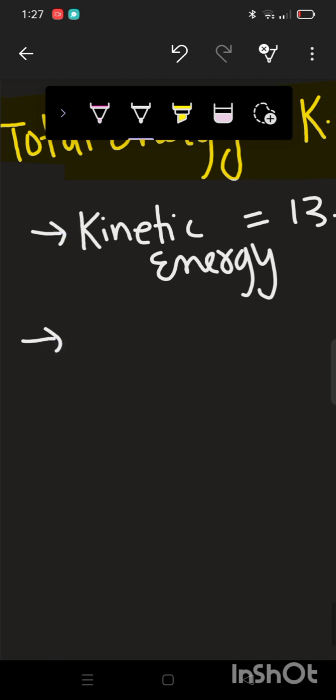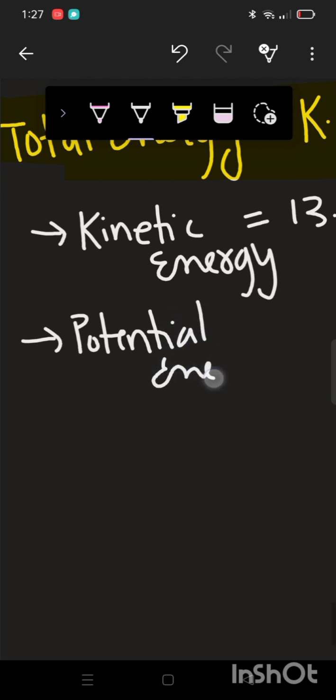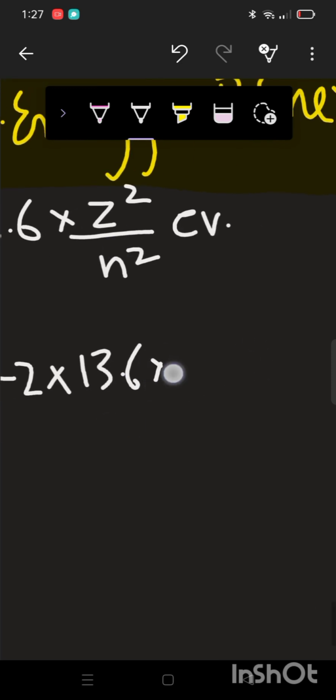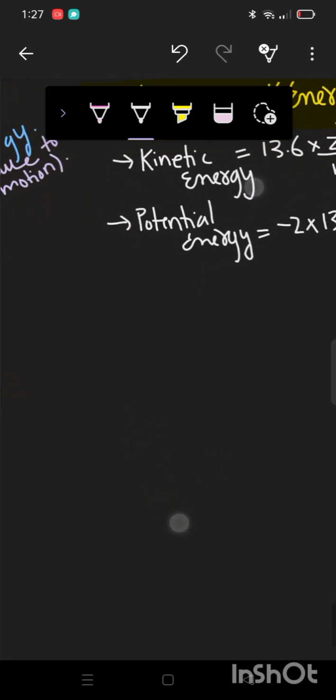Potential energy is equal to minus 2 into 13.6 into Z square by N square electron volt. Now let's add both equations. To find the total energy, we need to add kinetic energy with potential energy.